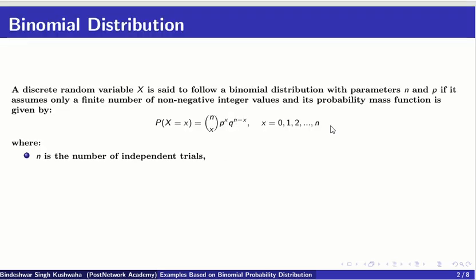We begin with an example, but before that, we will understand what the binomial distribution is.